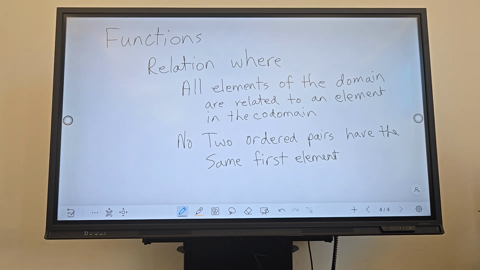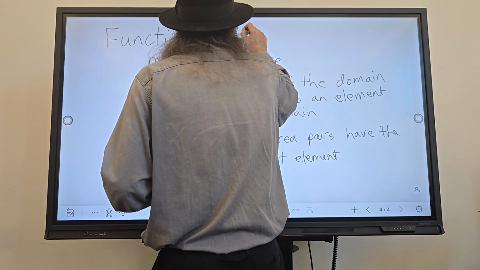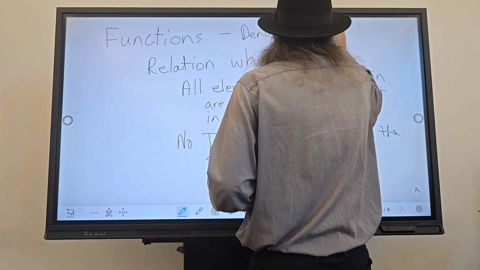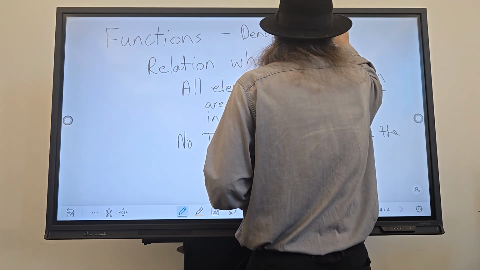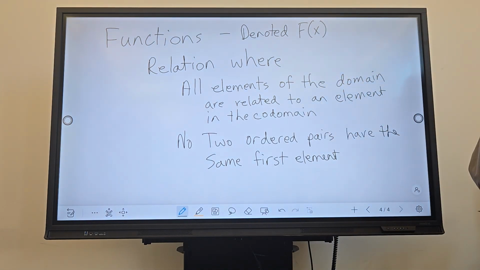All right. And it's denoted by f of x. So let's give an example here. Let's do one with an arrow diagram.